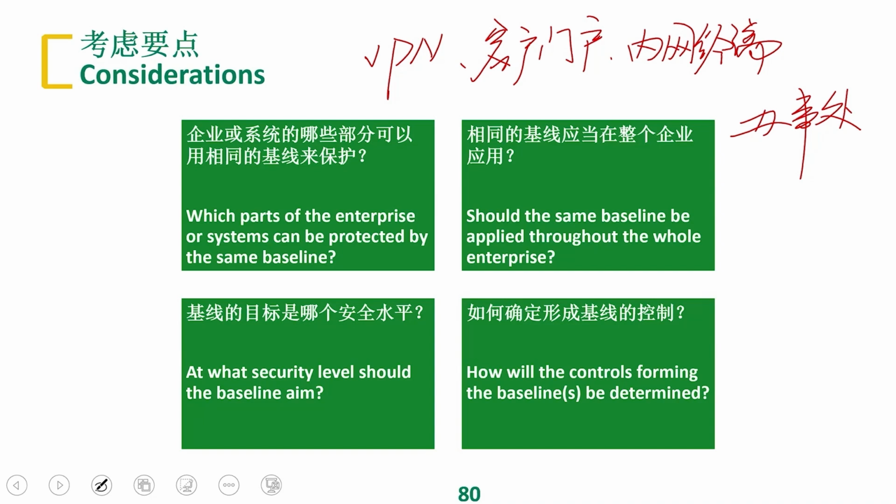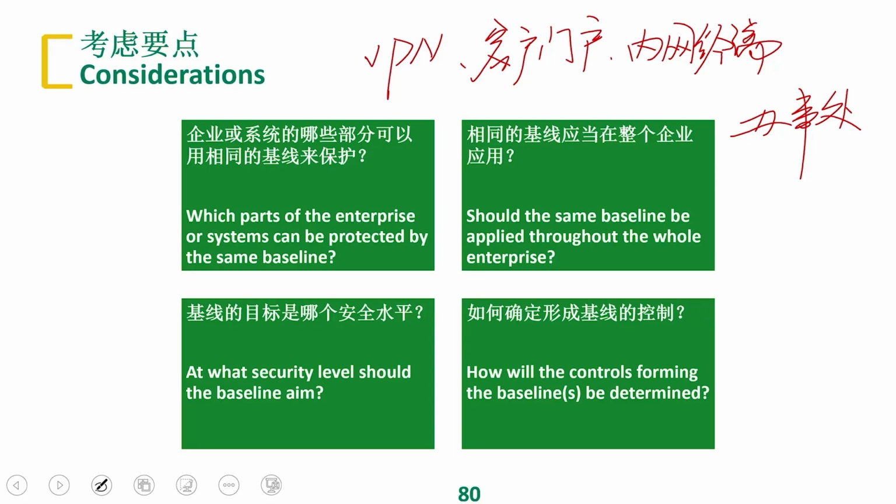Otherwise, it's easy to form gaps. Because if we are in the internal network, security control might be relatively easier to achieve. If we are from a VPN, the possibility of administrator's security control might be slightly smaller because it's too far away or not inside the company. Its control means or intensity might be reduced.